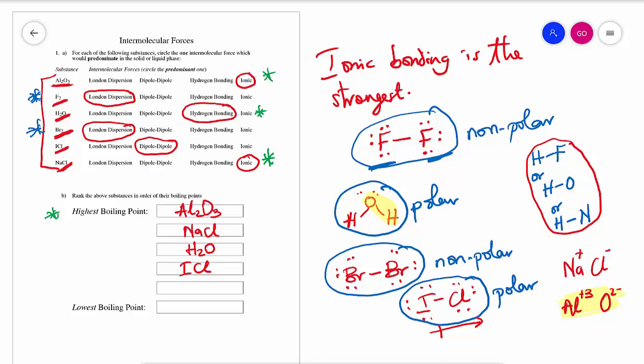And bromine has a higher molecular weight than fluorine, which means that the dispersion interaction in bromine will be stronger than in fluorine. As a result, bromine will be the next, and the last will be fluorine.